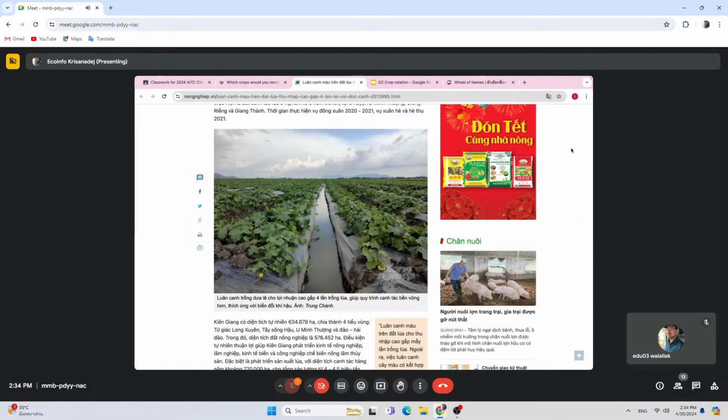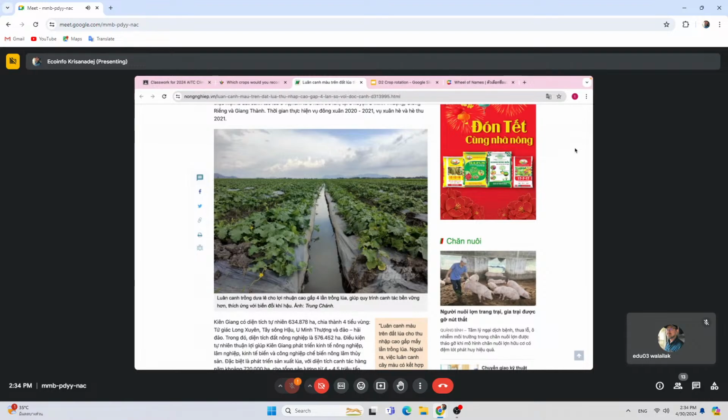And with rice production, we have several kinds of production. The second type of rice production is the medium term, from 140 to 160 days per crop.